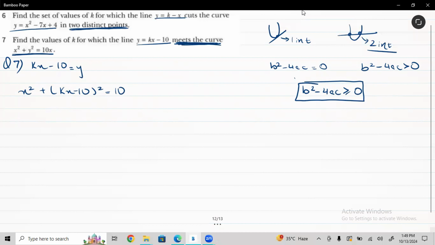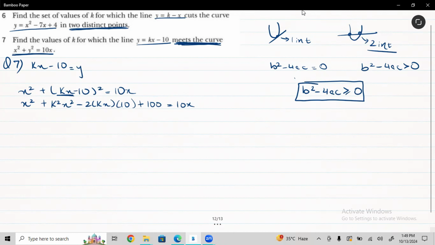What's going to happen next is we are going to open this up. x squared plus, using a minus b whole squared, (kx) squared would be k squared x squared, minus 2 multiplied by a, meaning kx, multiplied by b, which is 10, plus b squared, which is 100, is equal to 10 multiplied by x. Okay. Simplify this.